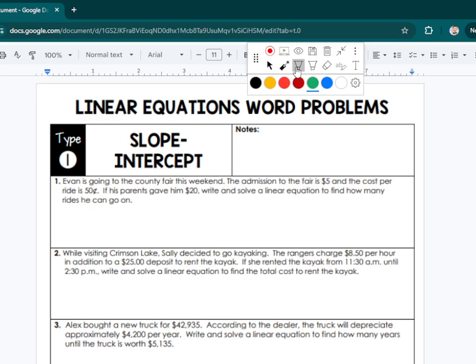So we can split this up into different types of word problems, different formats. The first type we're going to talk about is going to be in our slope-intercept form.